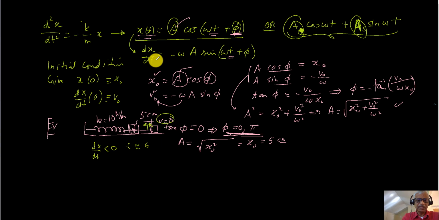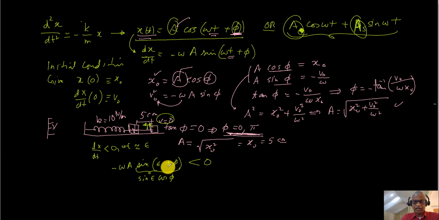So if you look at that, dx dt is minus omega A sine(omega t), let's call it some epsilon, plus phi, and this is supposed to be less than 0. So you can expand this, so it's going to be sine epsilon cosine phi. Phi can be 0 or pi. If it's 0, then it's plus, and if it's pi, then minus.